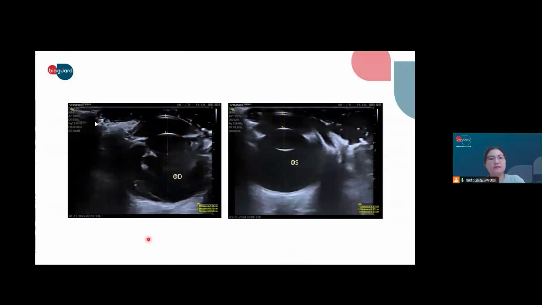From the ultrasonography, we can also see the detached retina and enlarged eyeball. Here, can you see the axial length of the eyeball was 2.43 centimeters. So it's enlarged in the right eye. So by this time, we concluded that the right eye has refractory chronic uveitis.